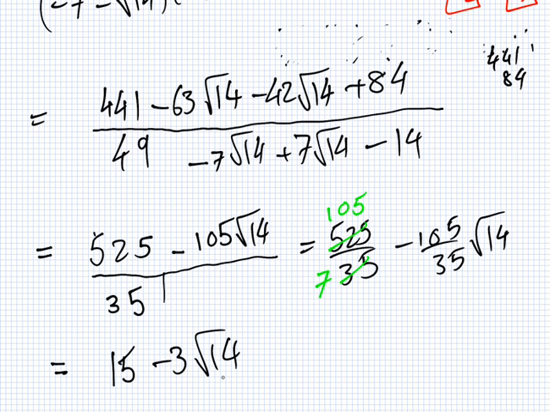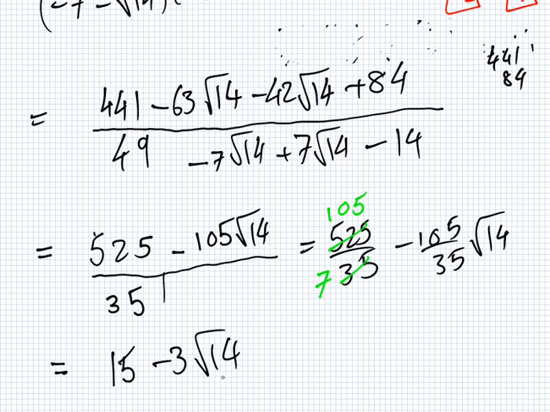Okay, so on the top we have 441, and then add 21. 441. And then next is minus 63 root 14, minus 42 root 14, plus 6 multiplied by 14, which is 84.